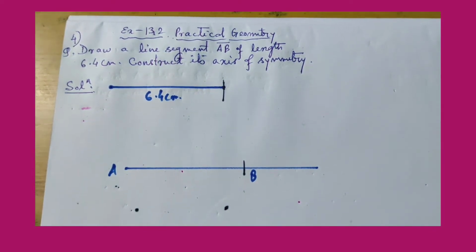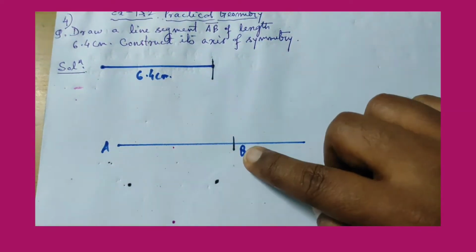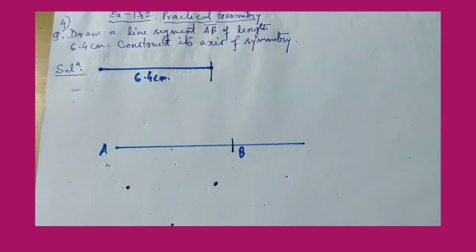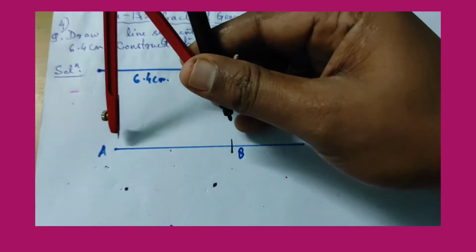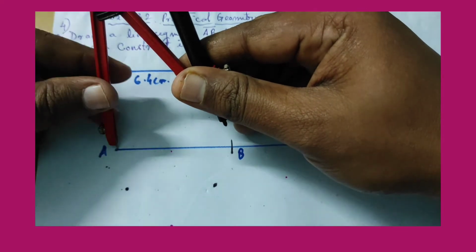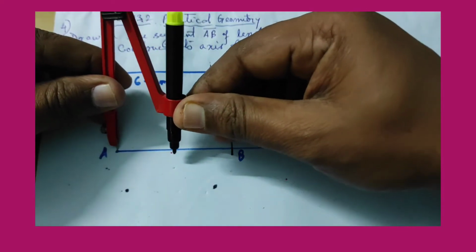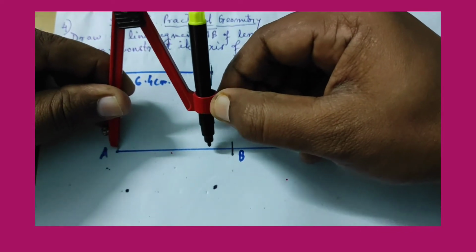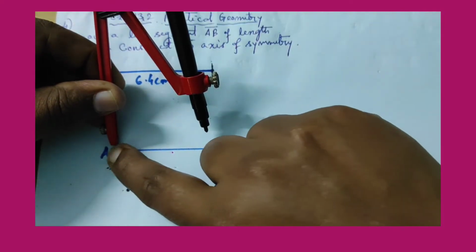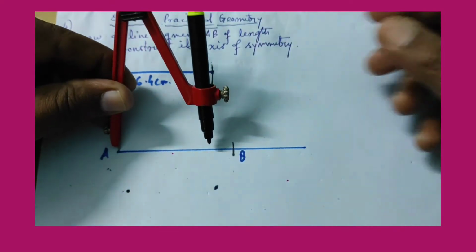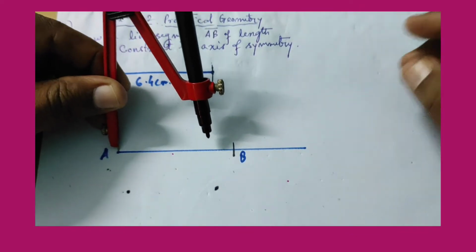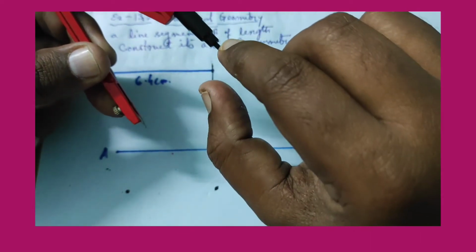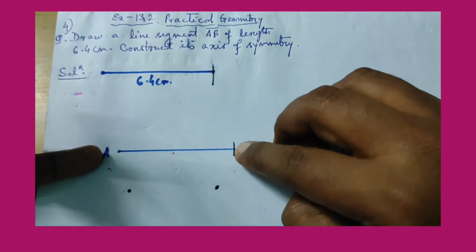So next we have to draw a perpendicular bisector on the line AB, and for drawing this perpendicular bisector, first of all we will put the needle at one end point of the line segment, and we will increase the pencil arm of the compass in such a way that the radius of this compass is bigger than half. This means the distance between the needle and the pencil arm is bigger than half of this line segment.